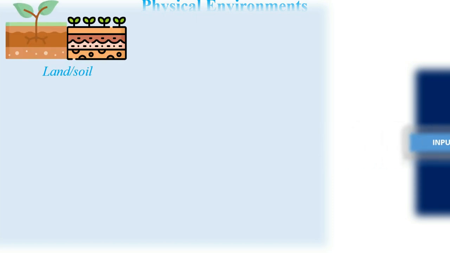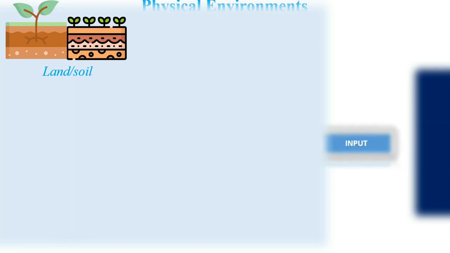The physical environments that provide these devices with data include land or soil. You can get some data about the land, about the soil, the earth itself. For instance, let's say you want to do a tomato farming project.